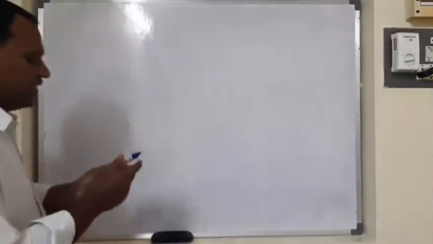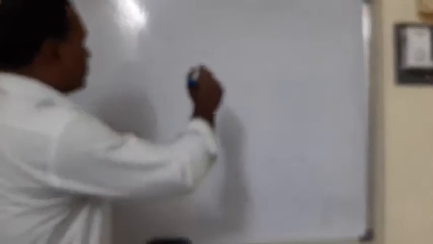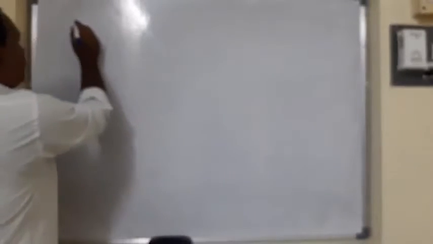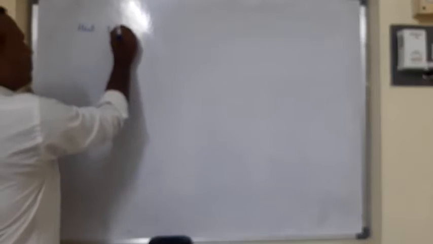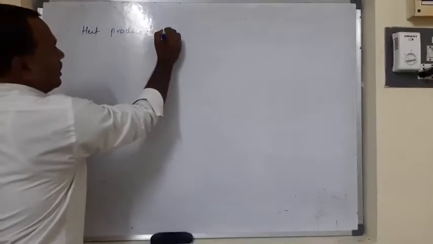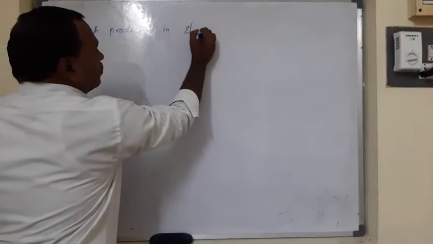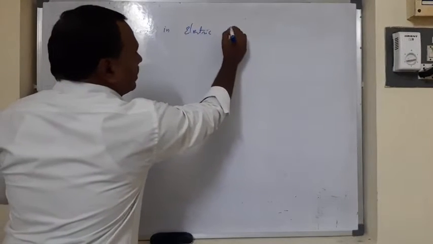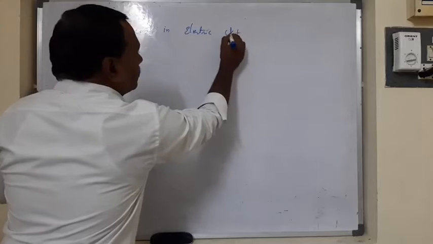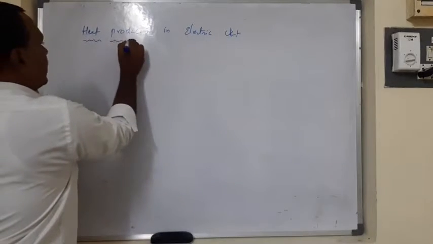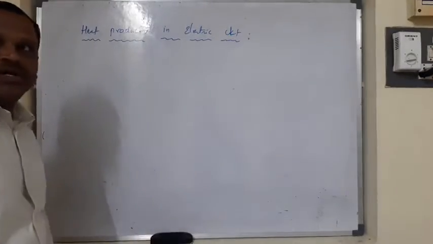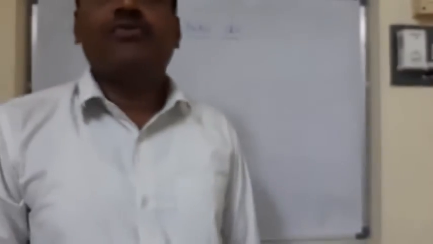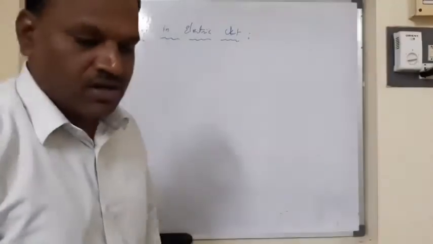So, heat produced in an electric circuit at a given resistance. Here we calculate the heat produced in the electric circuit. What is the equation for this heat energy? Energy is nothing but the amount of work done, right?